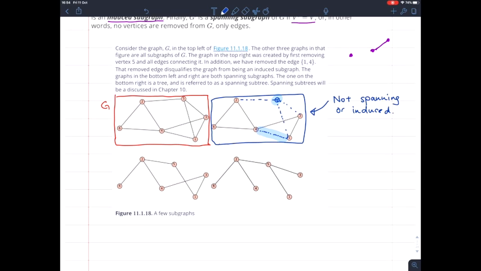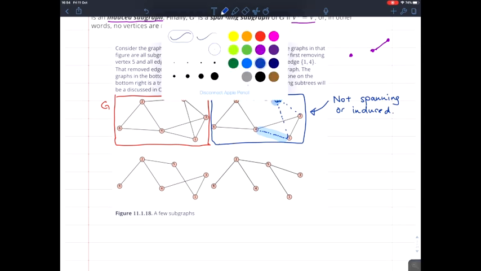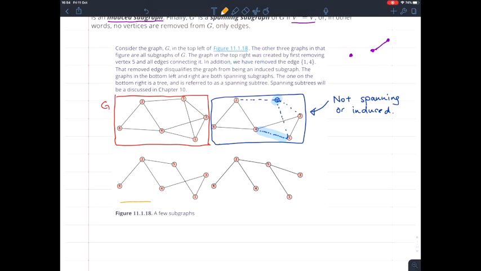Now if we have a look at the graph on the bottom left, so we're having a look at this graph over here, we haven't taken away any vertices. You can just check 1, 2, 3, 4, 5, 6, they're all still there. All we've done is remove a couple of edges. So we removed this edge between 4 and 6, and we removed these two edges as well.